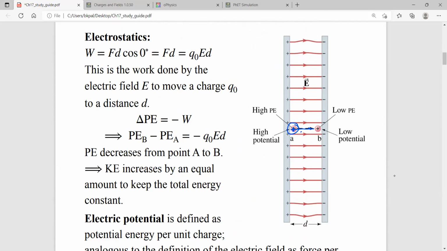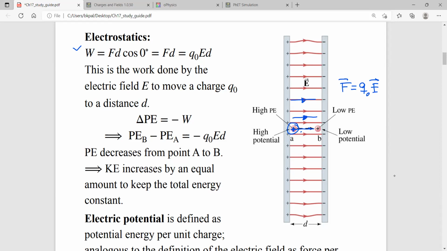Okay, so let's start from the definition of the work done. W equal to F d cosine 0 degree. Again, why is it 0 degree? Because you see that the direction of force, remember that force is equal to Q0 E, so if the electric field direction is this one, the force's direction will also be the same. And the displacement is happening also in this direction.